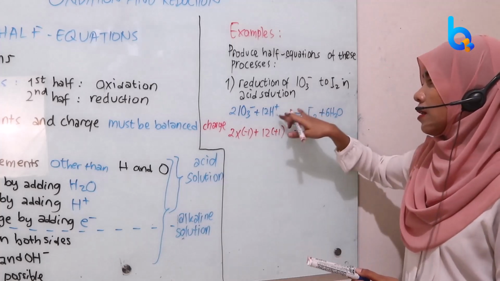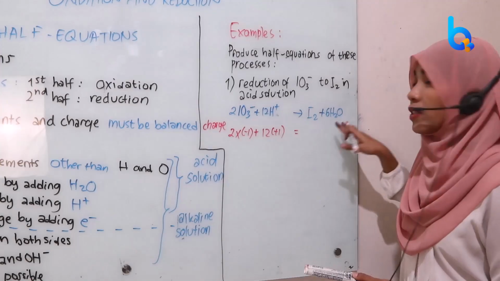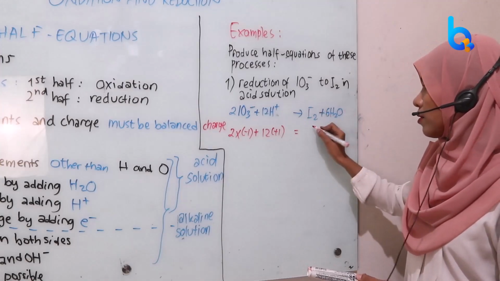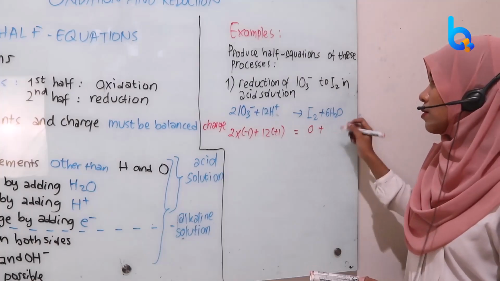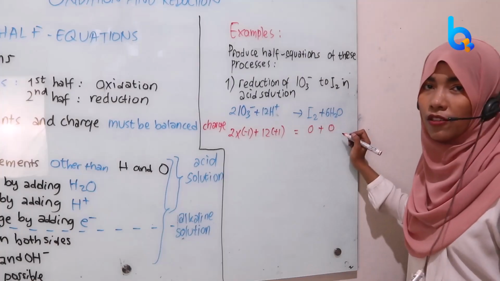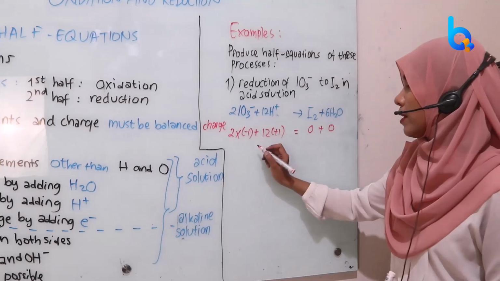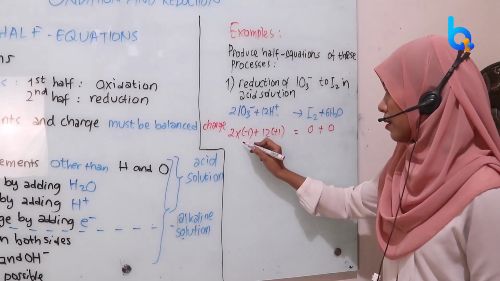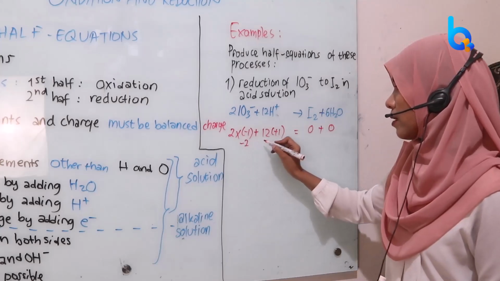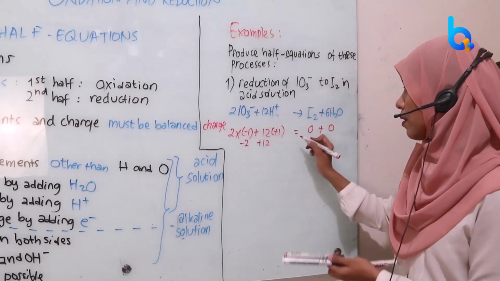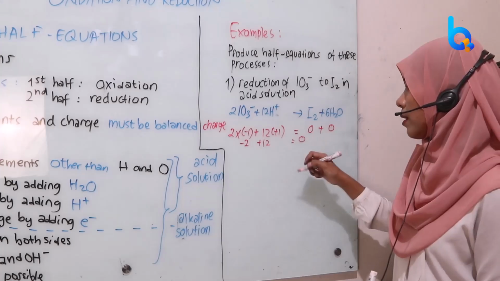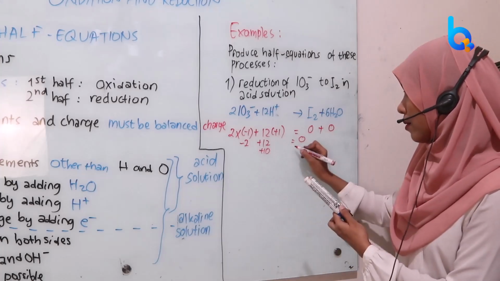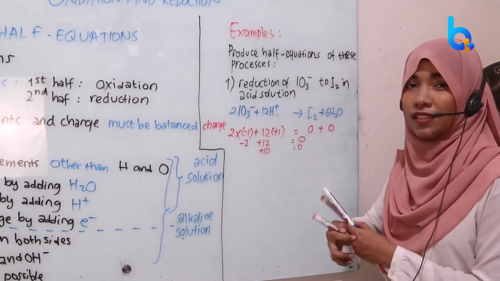The charge on the left side must be the same as the charge on the right side. On the right side, this is a neutral molecule, so this is 0. H2O also is a neutral molecule, which is 0. So let us simplify this mathematical term. -2 plus 12 equals 0, so we end up with +10 equals 0. Does it make sense that 10 equals 0?